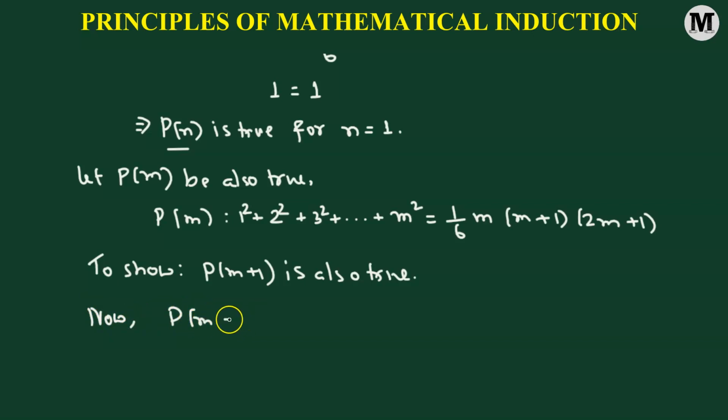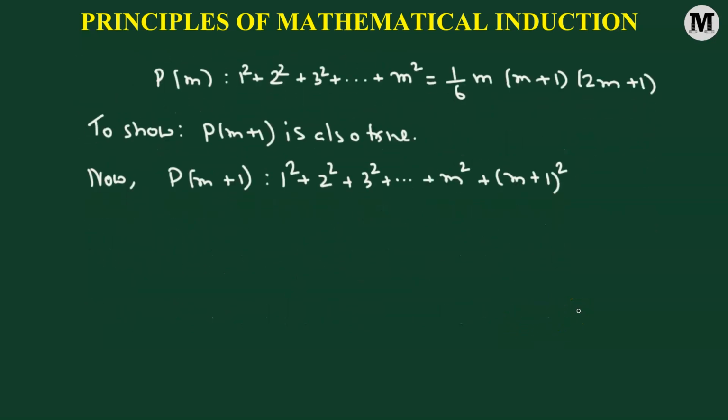So, P of m plus 1 is simply going to be 1 squared plus 2 squared plus 3 squared going all the way up to m squared. But since we're considering m plus 1, we have to consider the term that is next to m squared. So that will be simply m plus 1 whole squared. And this should equal, we'll take 1 over 6.